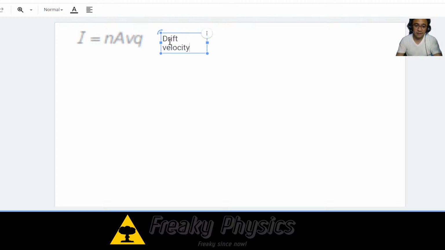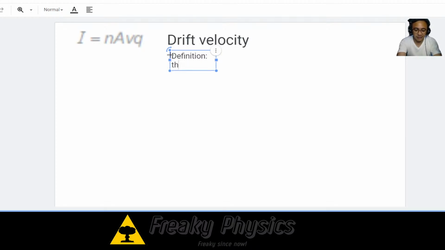Now, what is drift velocity exactly? By definition first: this is the average velocity of charges in a conductor that is carrying a current.